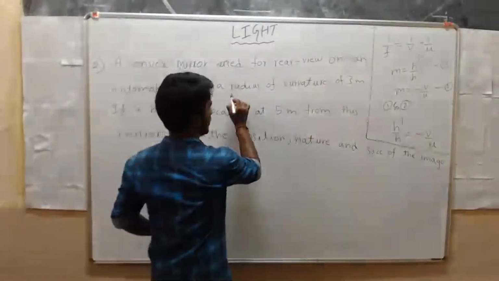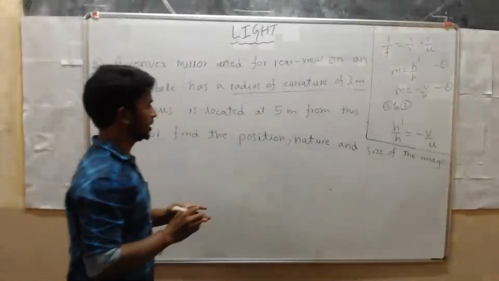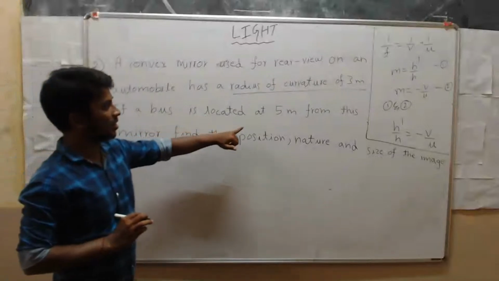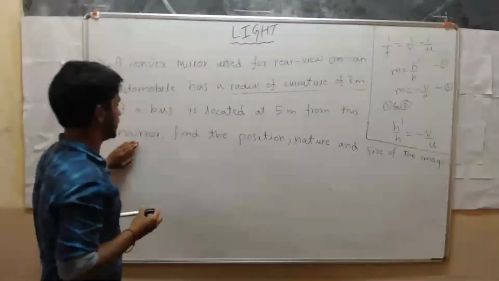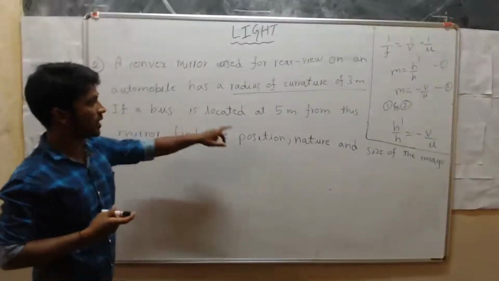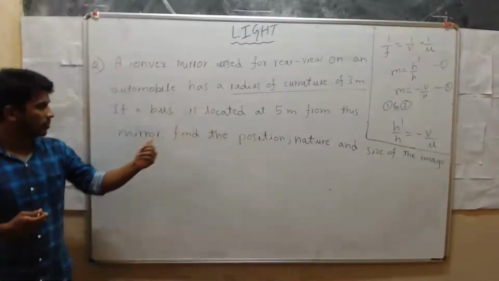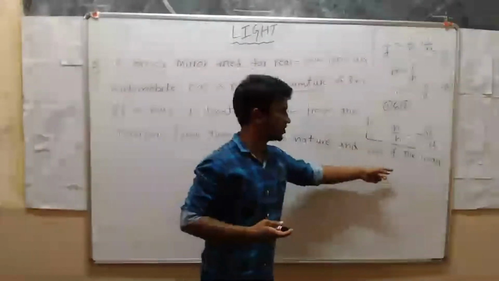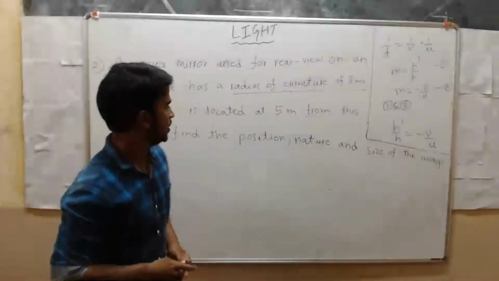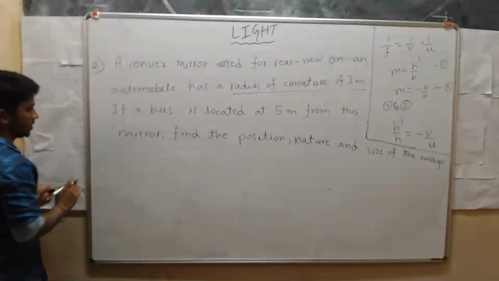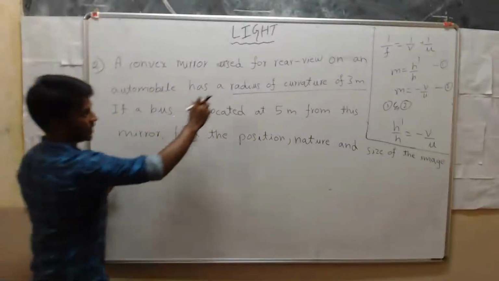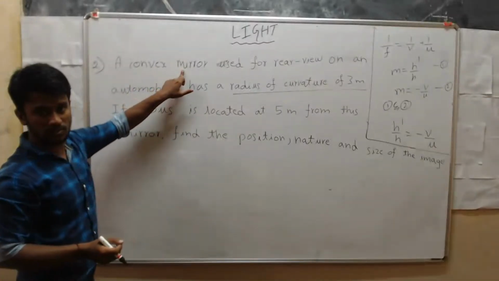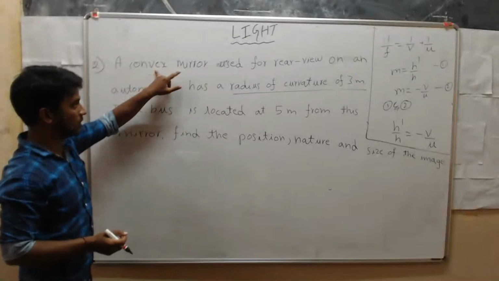If a bus is located at 5 meter from this mirror, find the position, nature, and size of the image. So first, friends, what are the data given? First observe which mirror it is. Here this is convex mirror.